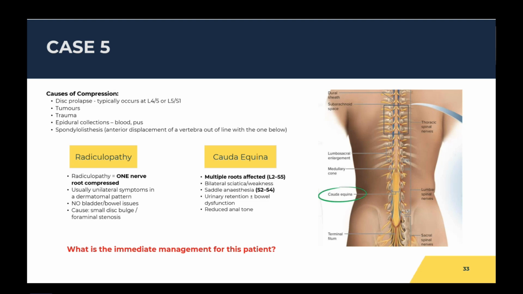So the next question, what would the immediate management be for this patient? If you can just put in the chat. Yeah, emergency decompression.